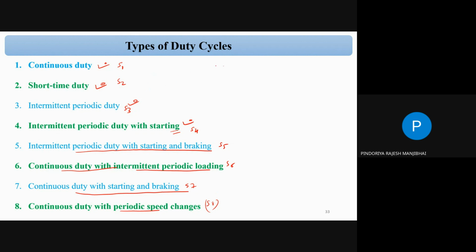So S1, S2, S3 are defined; S1 indicates a continuous duty cycle. On the nameplate, they mention whether it is a continuous duty cycle motor or a short time duty cycle motor, and they mention S1 or the standard, maybe IEC 441 or 412.